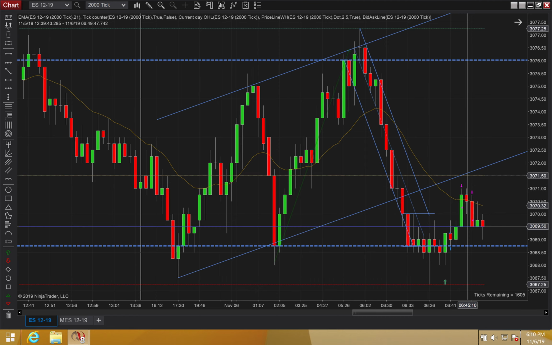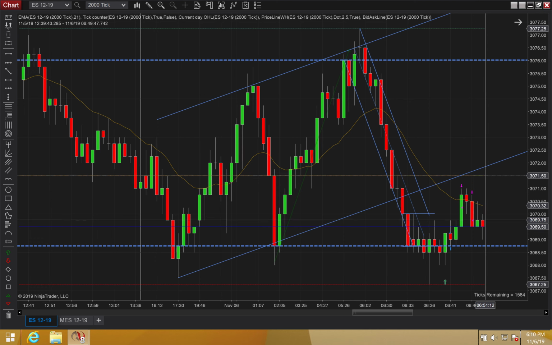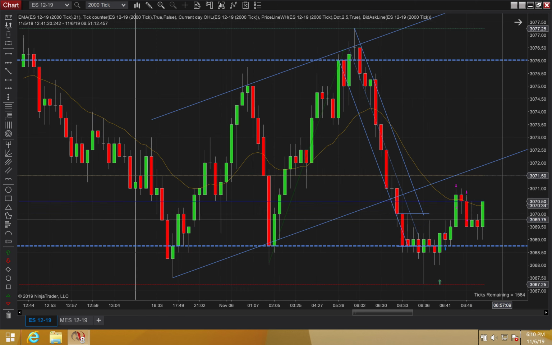It's actually 7 ticks. So I needed it to go 2 points plus 1, and then my stop down here will automatically move to break even plus 1, which would have been 3069.50. I ended up exiting at 3069.75 because I moved it early.